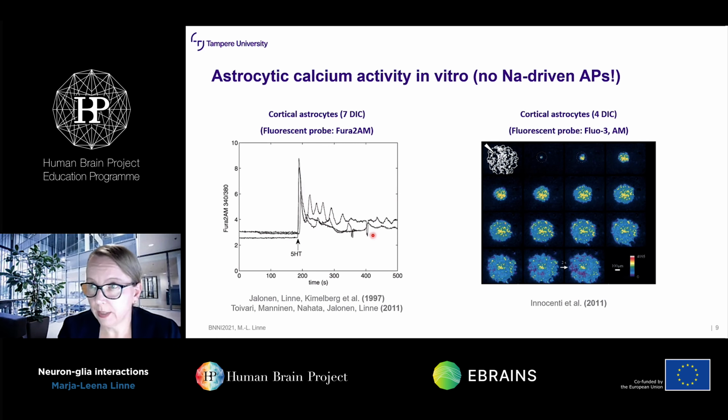In computational modeling of astrocytes, we try to understand where this calcium signal comes from. If you look at the astrocytes with other fluorescent probe techniques like Fluo-3 AM, you see this kind of spread of calcium activity when you stimulate astrocytes, a spread from soma to processes. This is early work, like 20, 30 years ago.